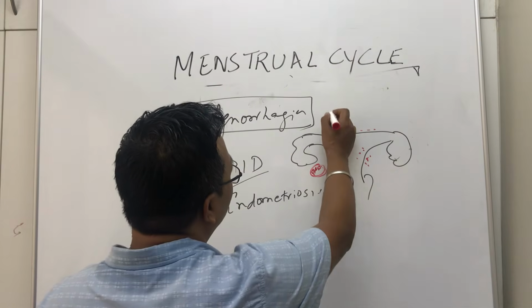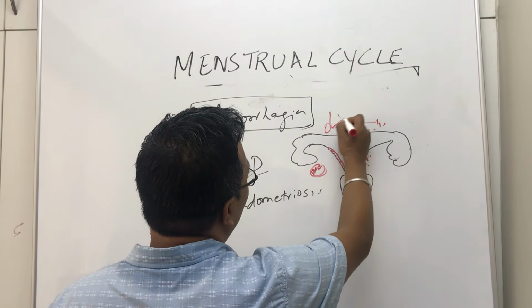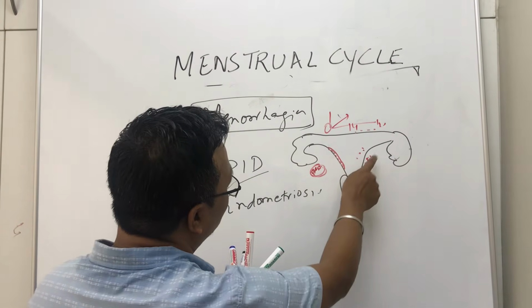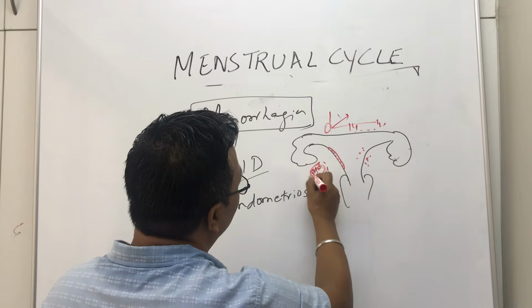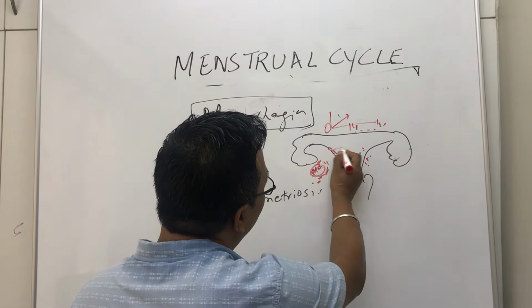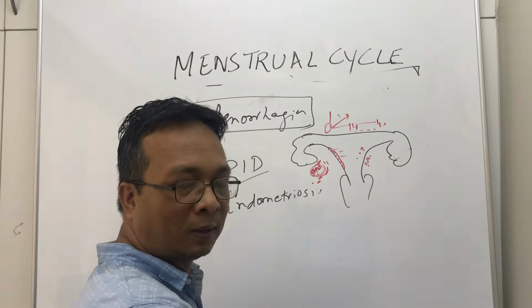Every month, over 0, 14, 28 days, estrogen is high before day 14. So this estrogen acts outside the uterus too, and this endometrial tissue will also grow.